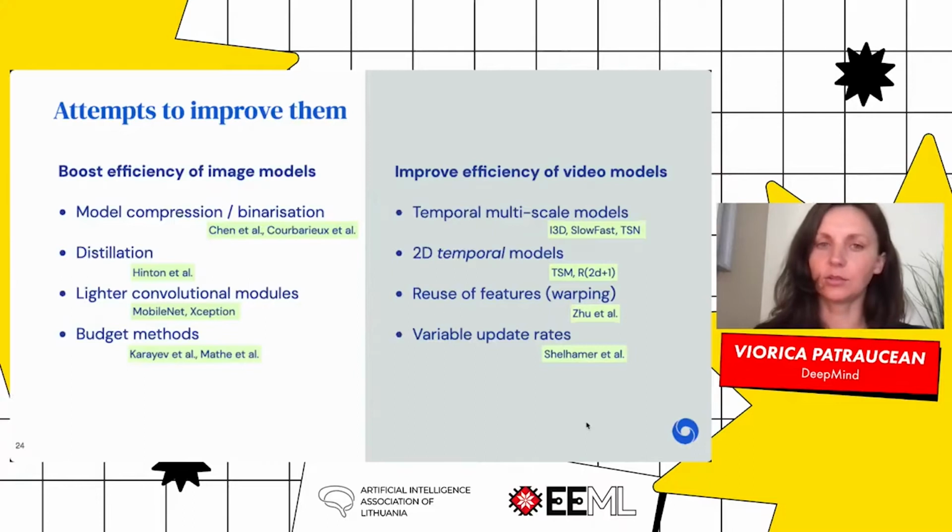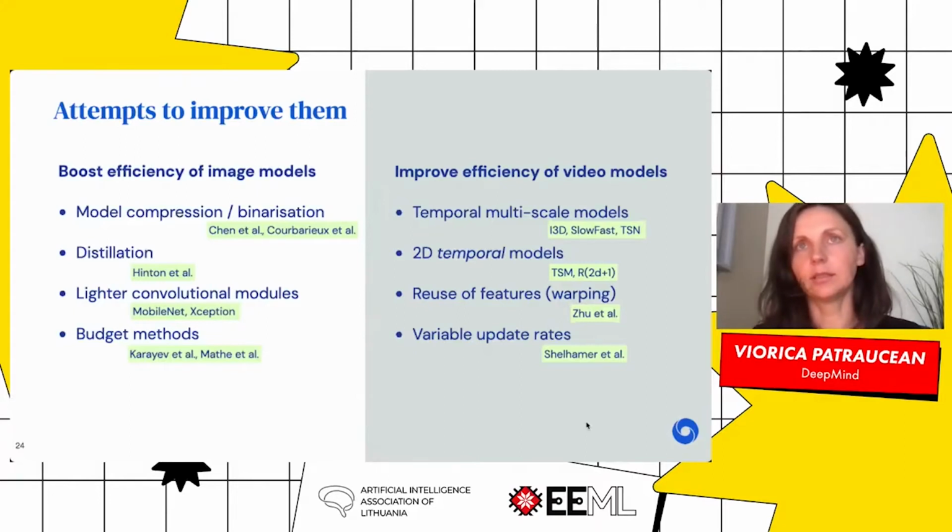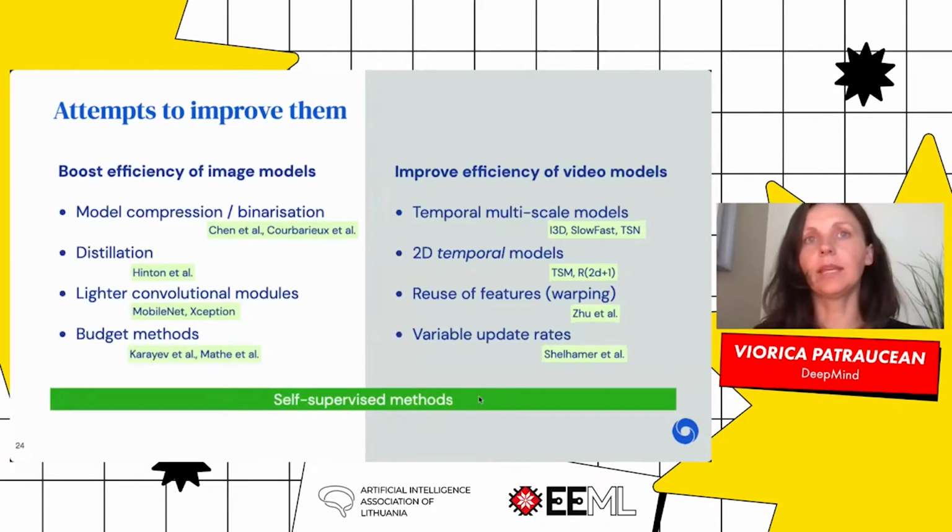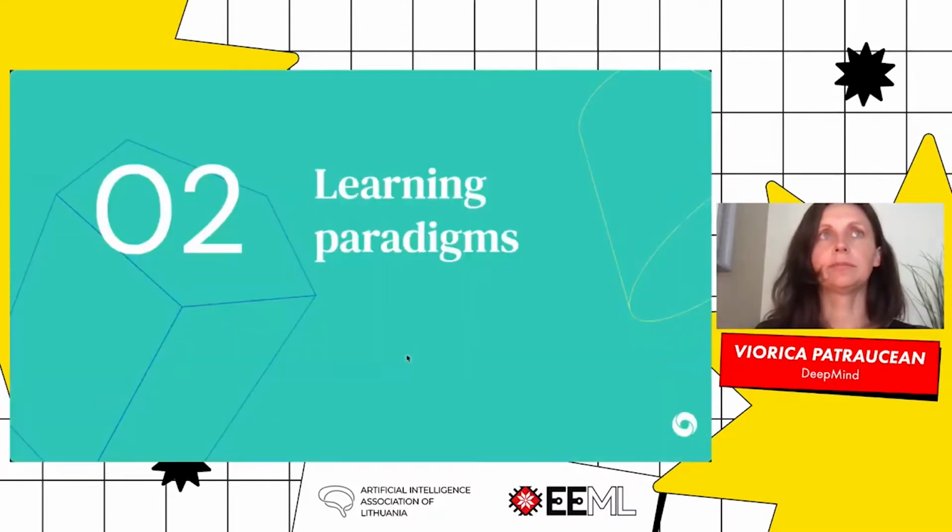And then there are also people who focus on improving the efficiency of temporal video models, like using multi-scale approaches, adjusting the 2D models to include temporal features, and the reuse of features or variable update rates or others. And to address the part with the labels that I mentioned, labels being very expensive to obtain, in all these kinds of works you can also think of self-supervised methods to alleviate the labeling cost.